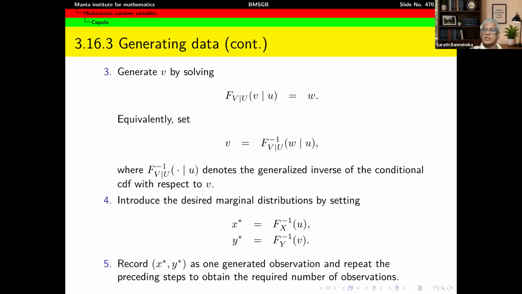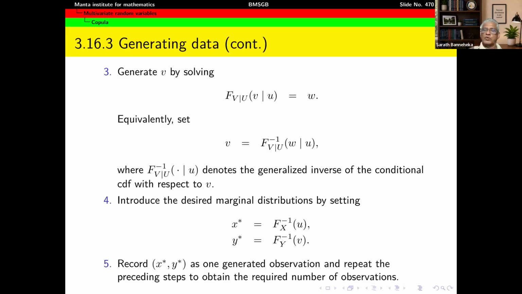But by selecting a suitable copula to generate this U and V, and X star and Y star, in this method, we will be able to maintain the dependence structure, at least approximately, between X and Y in X star and Y star as well.